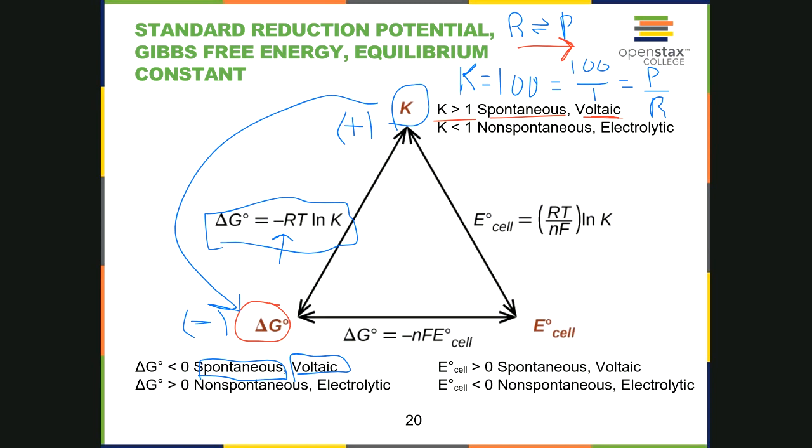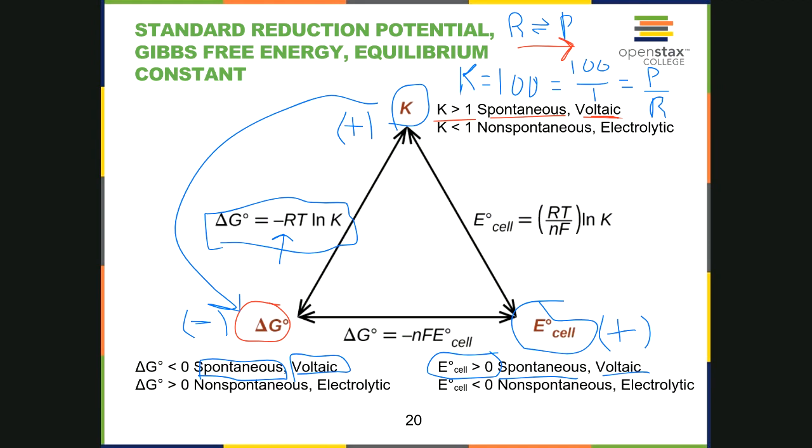Now we are to the electrochemistry chapter. So now we're focused on a cell potential. And we said that for the process to be spontaneous or a voltaic cell, that this number needs to be greater than 0. So we're saying it needs to be positive to be spontaneous.